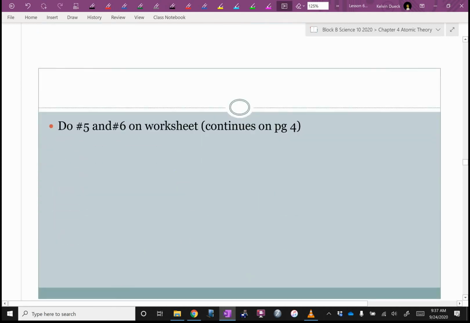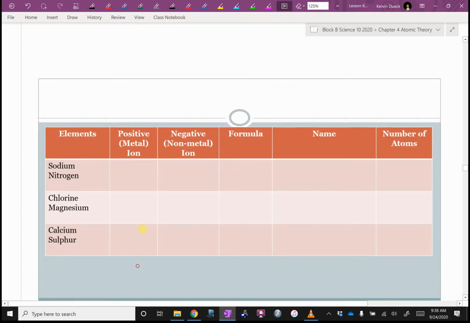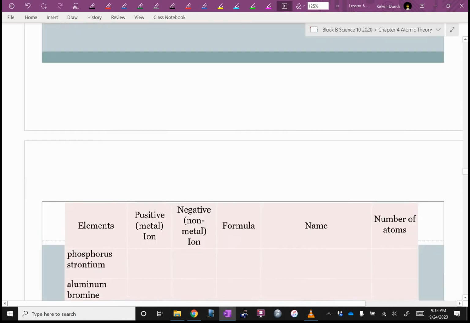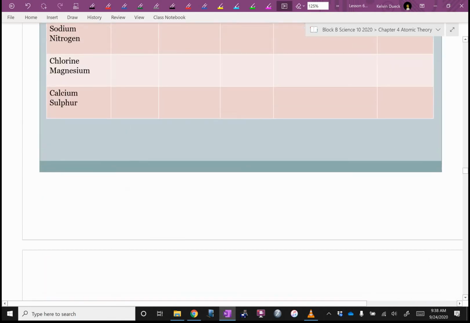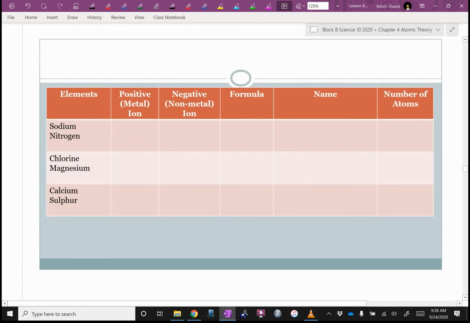So in your notes, I'd like you to try 5 and 6. We're going to do the first one together. Let's do sodium and nitrogen together. You also have lithium fluorine and lithium oxygen, but the third one down is sodium nitrogen. What's the chemical formula for sodium? Na. And it's Na plus. Nitrogen is N3 minus.